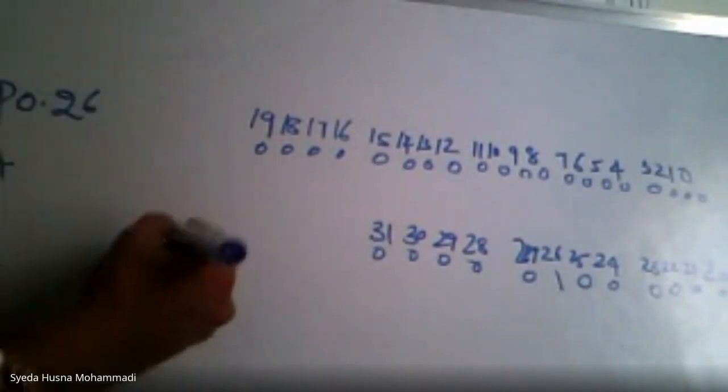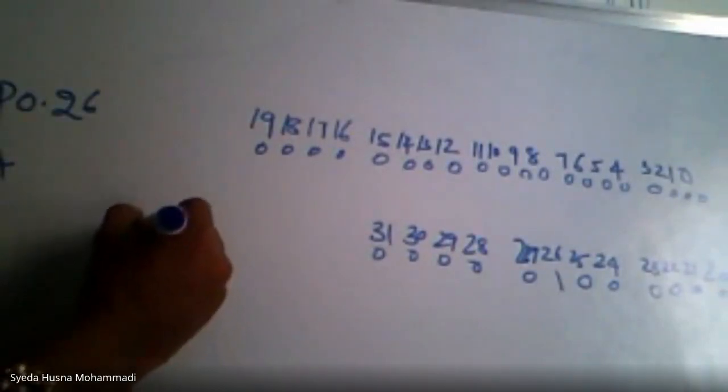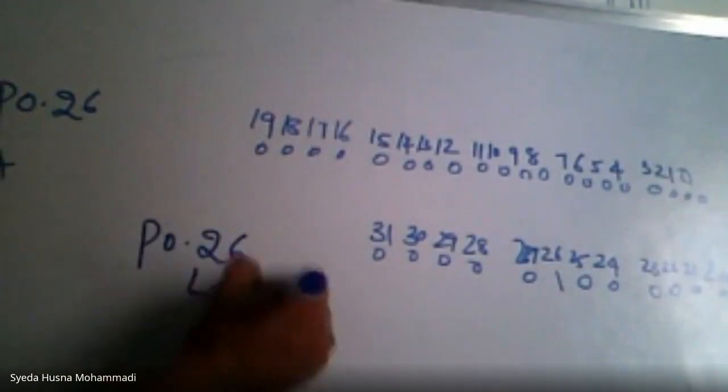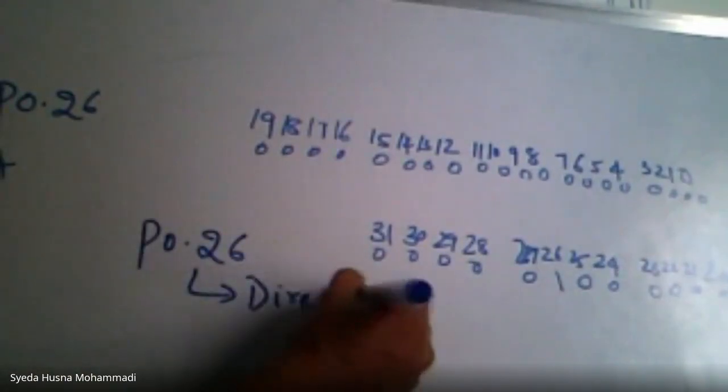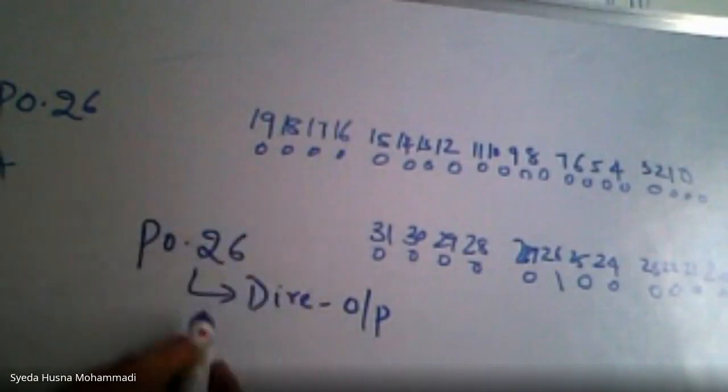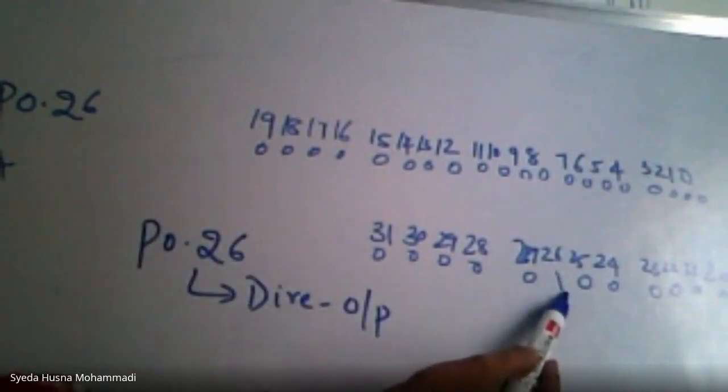First, I need to configure the DC motor port 0 pin number 26 in the direction of output. So go to pin number 26 and place the value as 1.